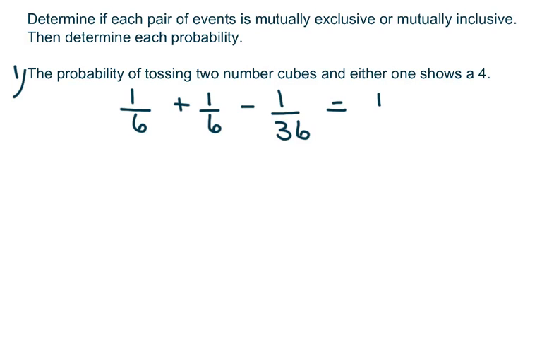And that gives you 11 over 36. Basically what you're subtracting is, we only need one of them, not both of them. So you're subtracting the duplicates there. So this one's inclusive.